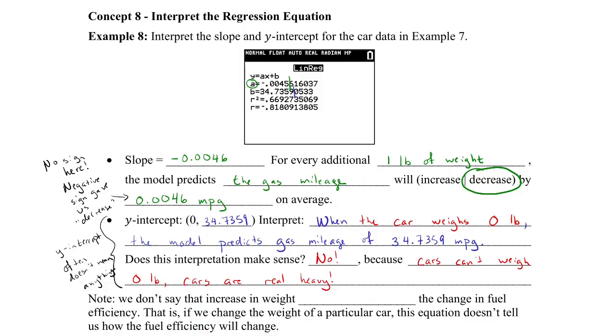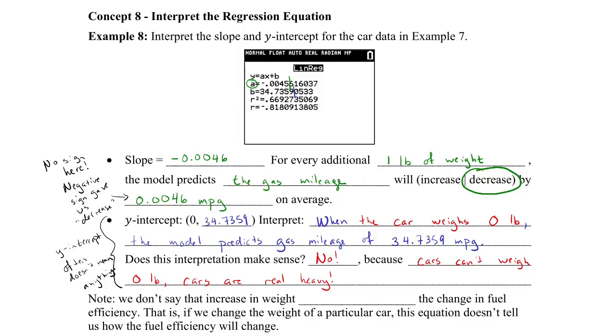Notice that we didn't say that if we add 1 pound to the weight of the car, that will decrease the car's gas mileage by 0.0046 miles per gallon. We're not saying that this model predicts that if we put a 5-gallon jug of water that weighs 40 pounds in the back of our car, we can multiply it by that number to figure out how much the gas mileage decreases.